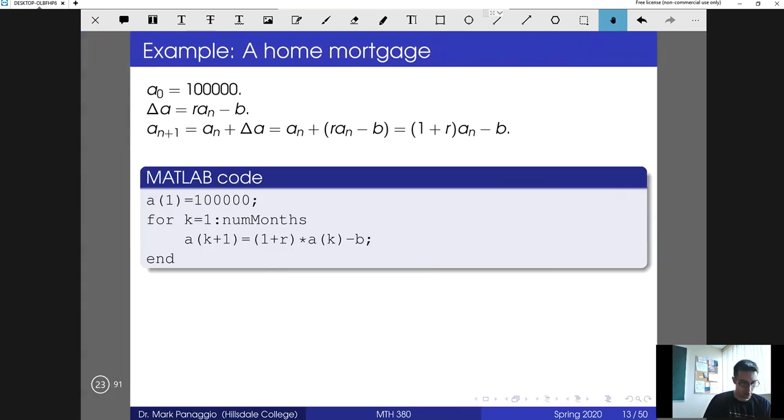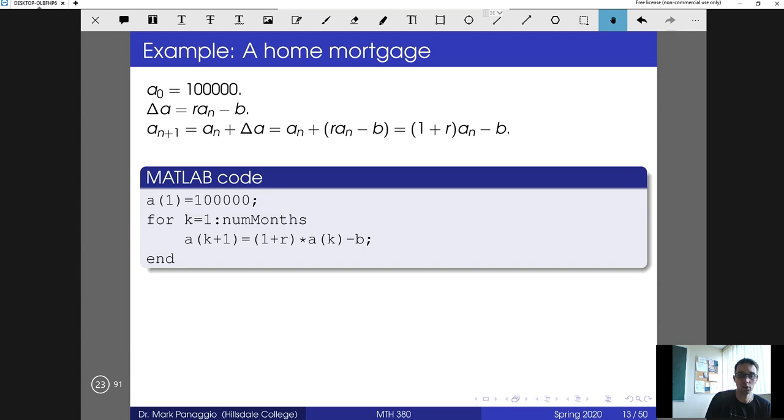All right, so here I've written down some of the key information from what we just showed before, but instead of actually plugging in the interest rate and the payments, I've just left them with names. So we have R and B in place of the interest rate and the monthly payments respectively.